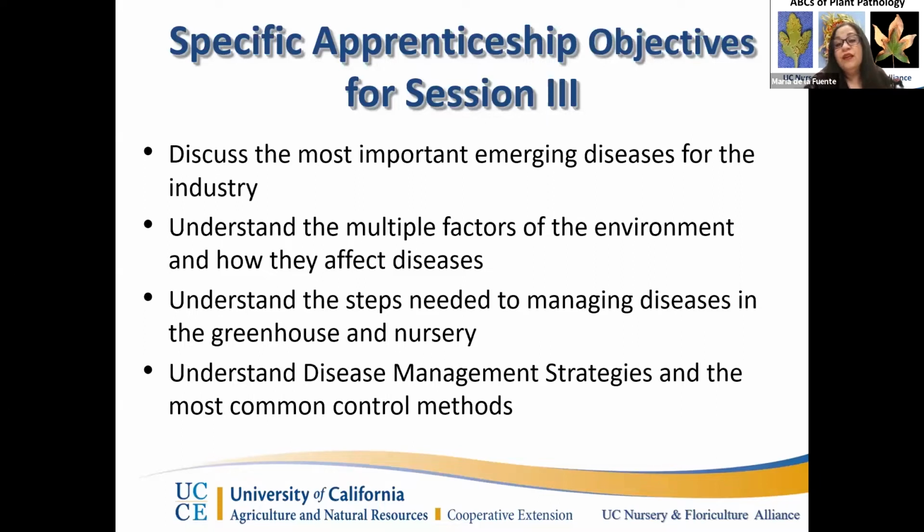So after we discuss them slightly, we're going to try to understand the multiple factors that affect the diseases caused by environmental issues, and what steps we need to manage the diseases specifically in the greenhouse and the nursery, which are totally different approaches just because of the environmental aspects that are different. In doing that, we will understand the most recommended control methods for disease management strategies.